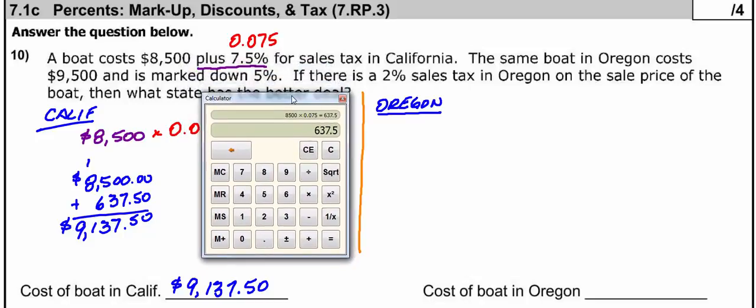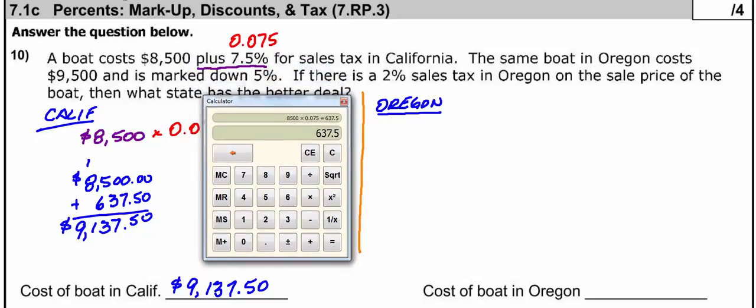Well, let's figure out. So for Oregon, we got a little extra information. There's also a markdown of 5%, and there's also tax of 2%. So for Oregon, we're going to have one additional step. So we start with the cost of the boat. The boat's $9,500.